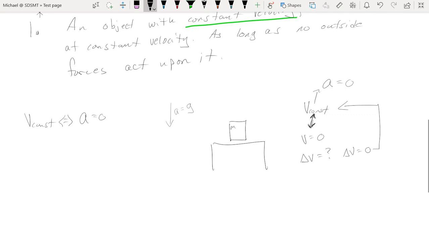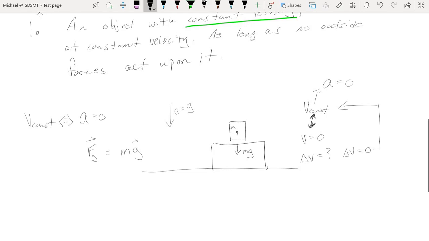Gravity is always going to point down towards the ground. And if I combine the mass of this block with the acceleration due to gravity, then we produce what we call a gravity force. And so there is an outside force of gravity acting on this mass.